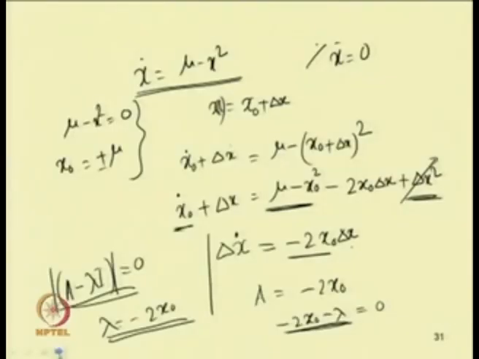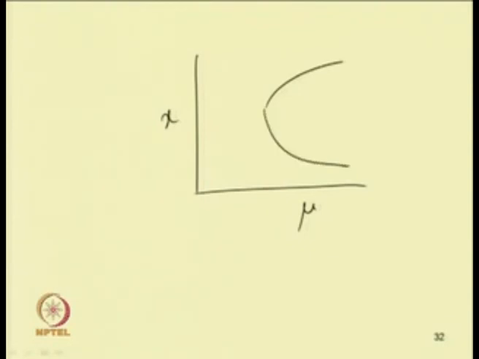Now we have seen that we have two solutions. This is mu, this is x. We have these two solutions: corresponding to this point, x equal to 0, and this is plus root mu and this is minus root mu.